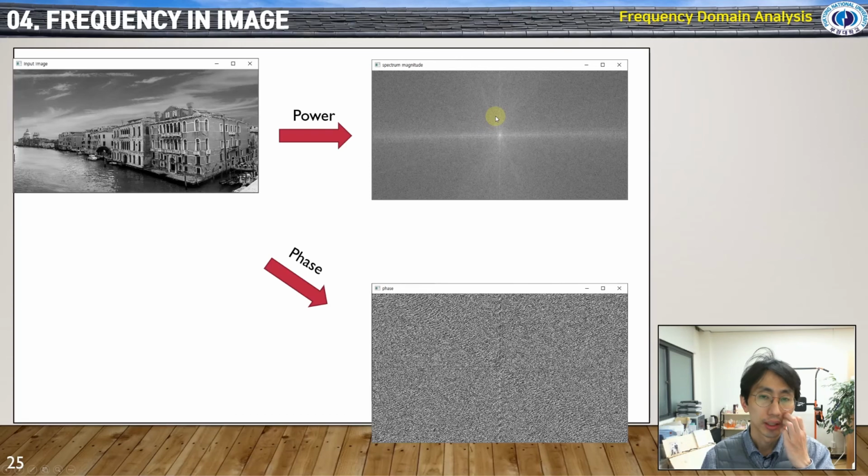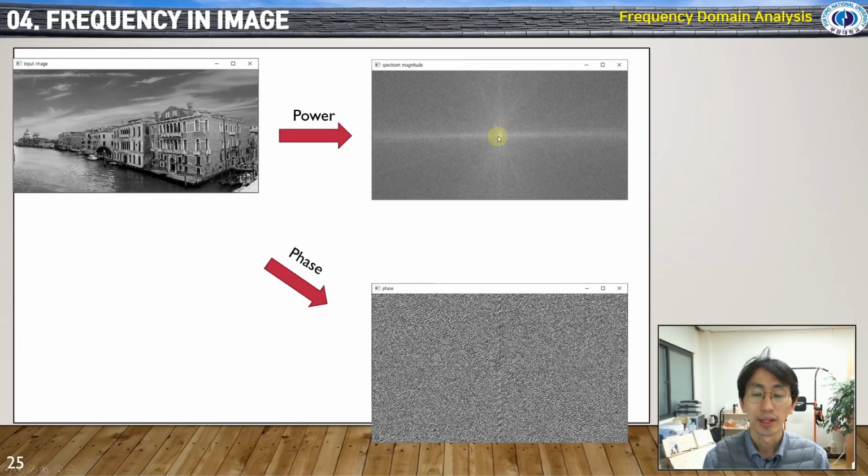So different to the previous 1D signal, the result of the Fourier transform is 2D images. So two 2D images, right?